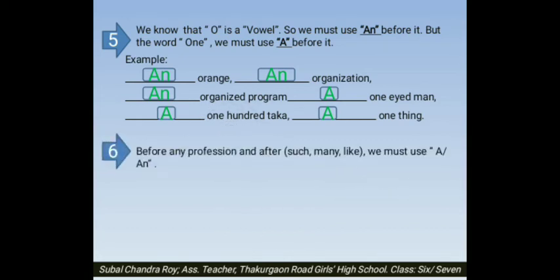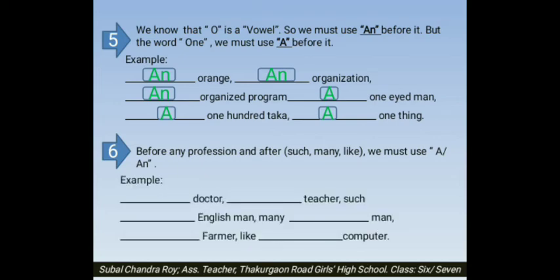Okay, dear student, before any profession and after such many, we must use a or an. Okay, dear student. So if you understand these rules, we can go to the example, please. Okay, example. At first we can see dash doctor.